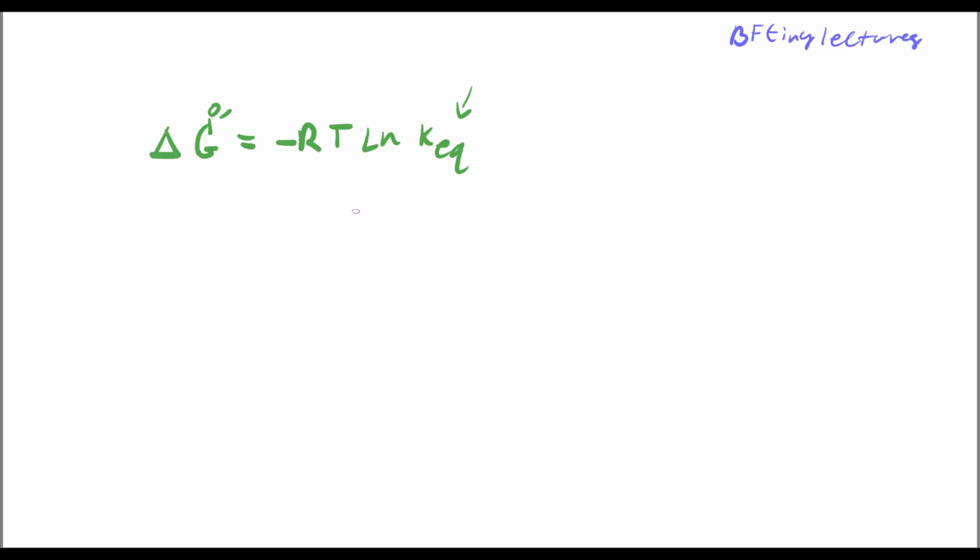If you are just focusing on the concepts, you just got to know that everything is proportional. What I mean by proportional is that everything is connected. If the temperature went up, then Gibbs is going to go up. If you change the gas constant, that's going to change the Gibbs free energy.